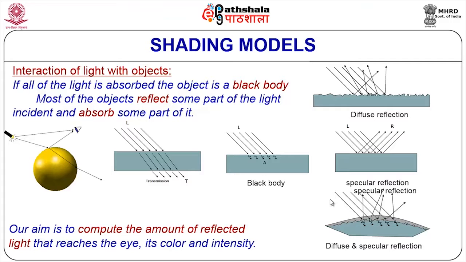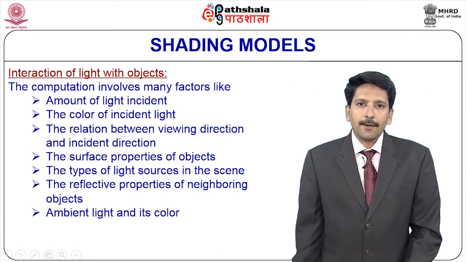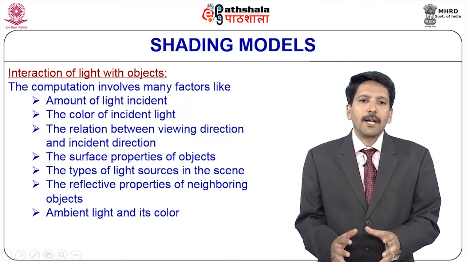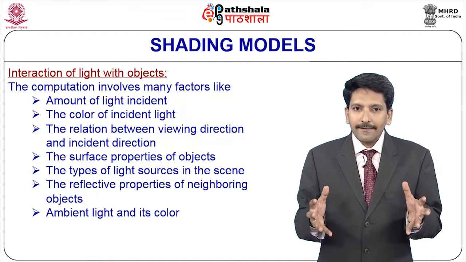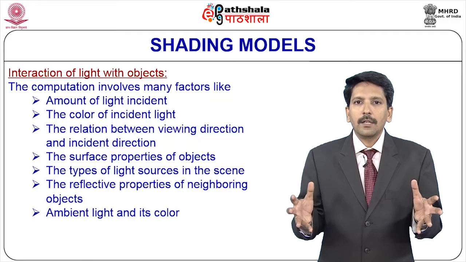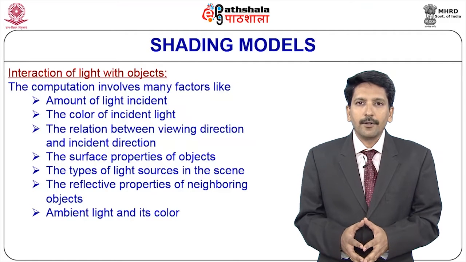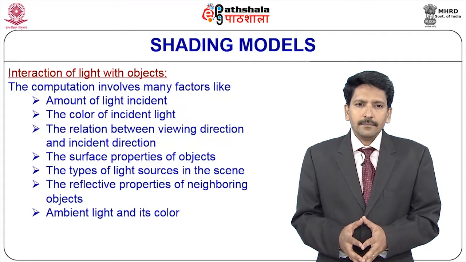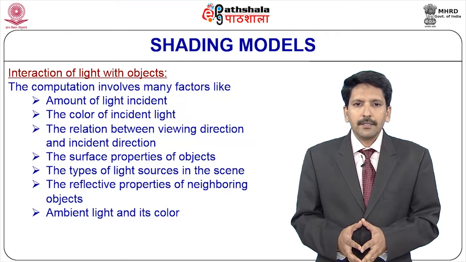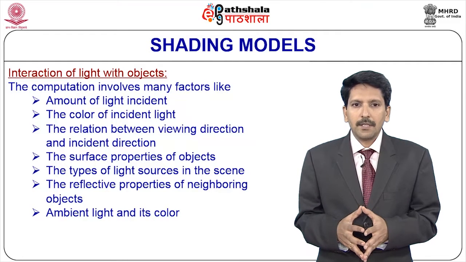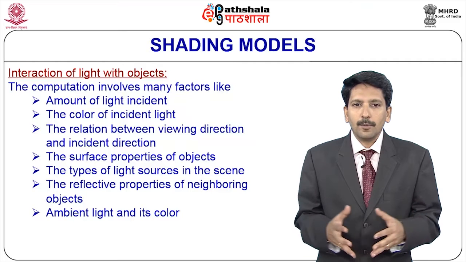Let us see how light computation is done, how the interaction of light with objects is done. What are the factors that are involved, or what are the computational parameters that are taken into account? Here, the amount of light incident, how much light is falling on the object, and the color of the incident light, so color also matters.